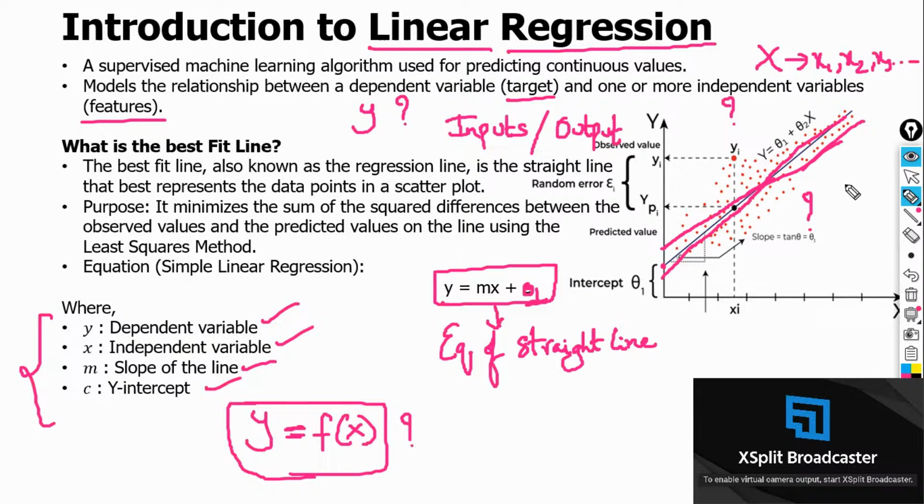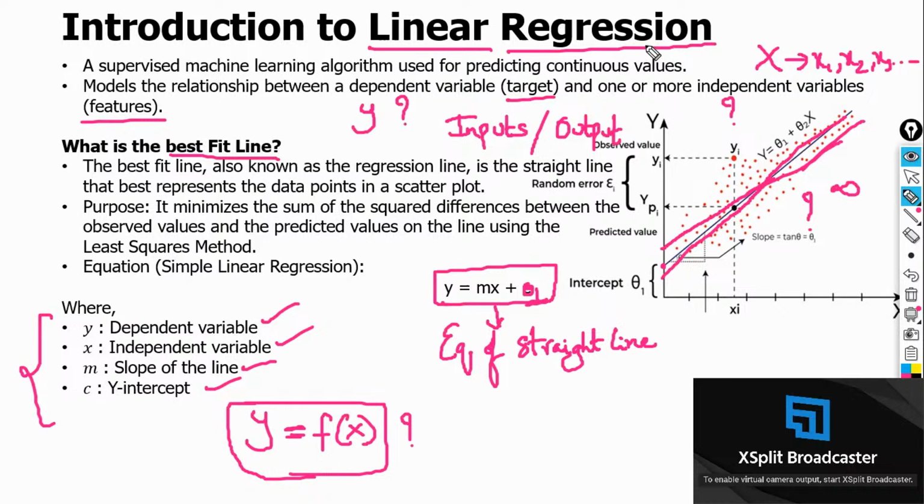so there are infinite possibilities. We have infinite possibilities to get the line. But out of these straight lines, we have to identify the best fit line. How is this best fit line identified? We'll understand, that's not an issue. But linear regression, I hope it's clear.